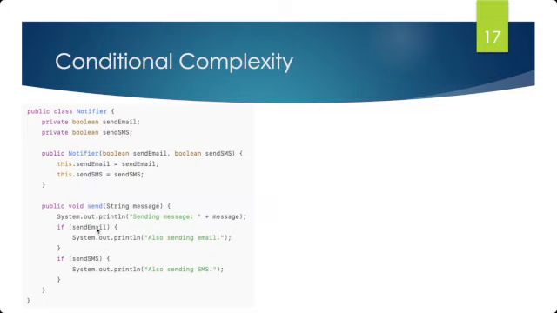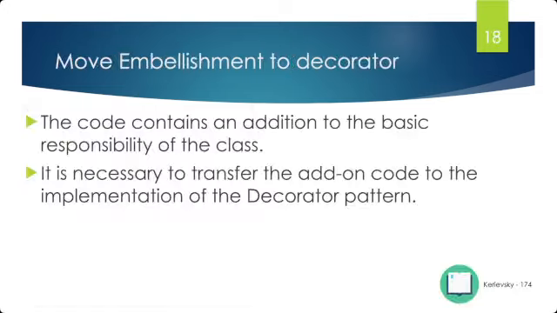If we want to send email, if sendEmail is true, we should do one thing. If sendSMS is true, we add new behavior. It's important. We do another thing. So in every if statement, we add new behavior to our object.